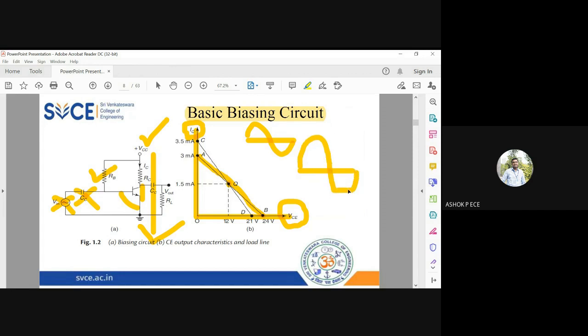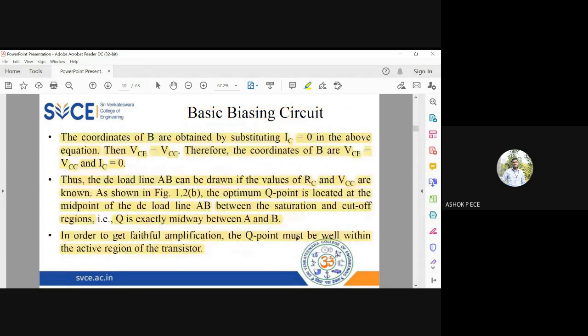But this portion is clipped off because the Q point is close to cutoff. If the Q point is close to saturation, the sine wave will start moving up or down. But if the Q point is close to cutoff, some portion of the sine wave will be cut off after amplification. So that is why we say that the Q point has to be exactly in the active region, or exactly in the midpoint of the DC load line of your amplifier.